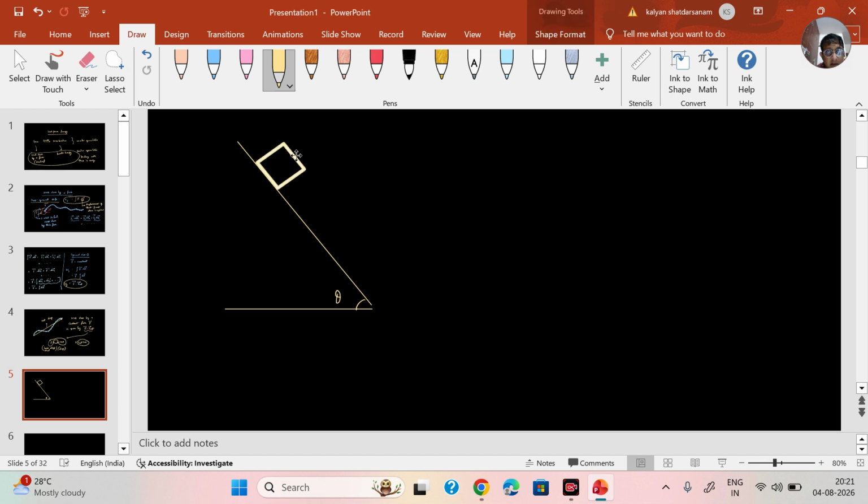Okay, so I have a block of mass m, and suppose this block came down till here.